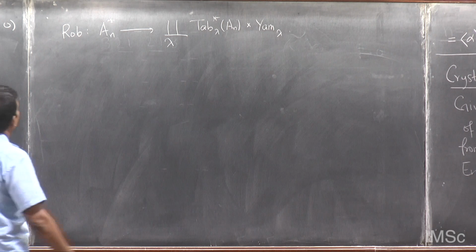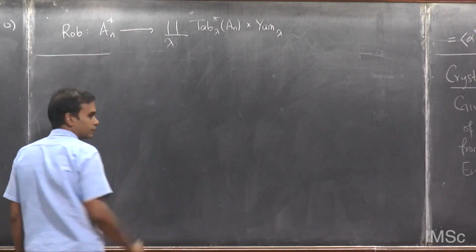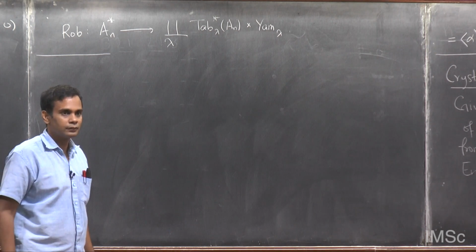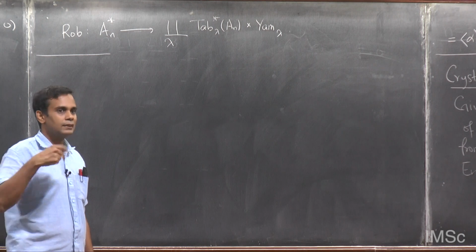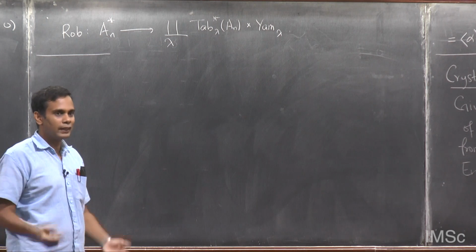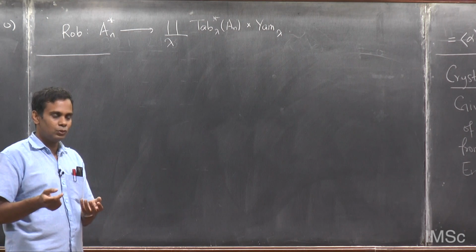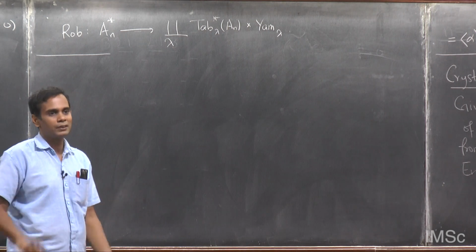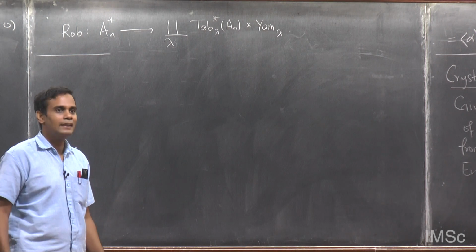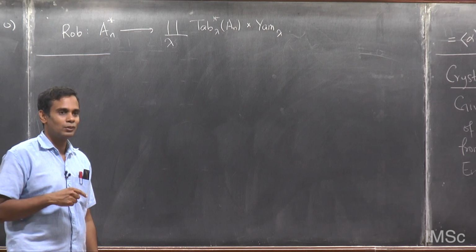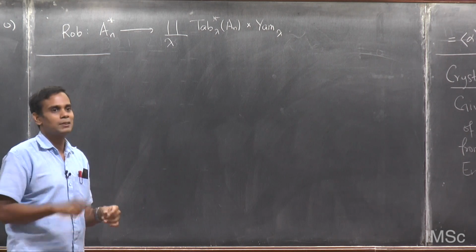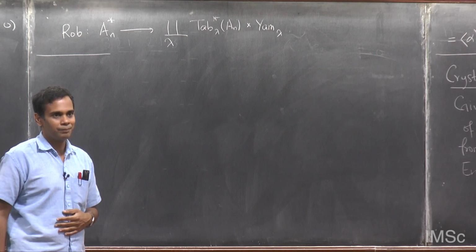So you do dual insertion, but you will get a dual tableau as a word, but you can think of it as a semi-standard Young tableau, and it turns out to be the same as the insertion tableau of your word.